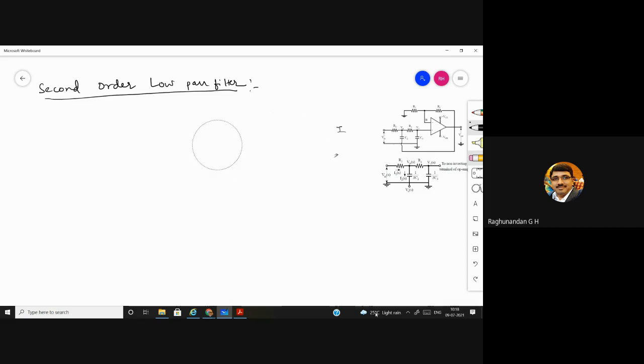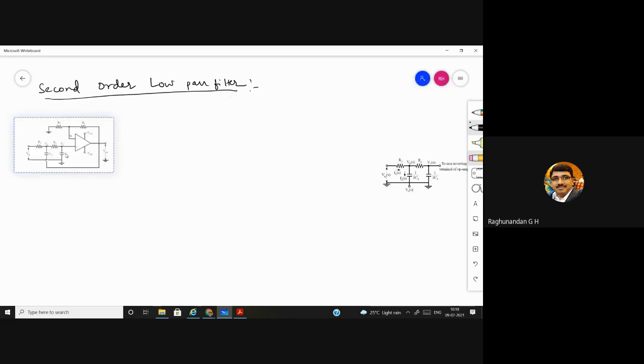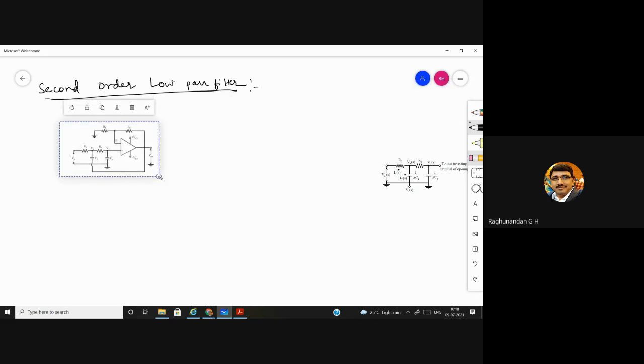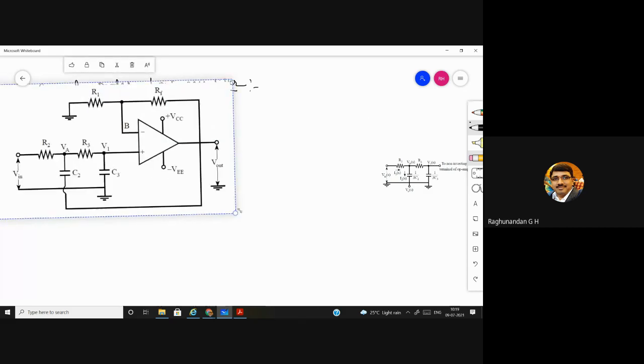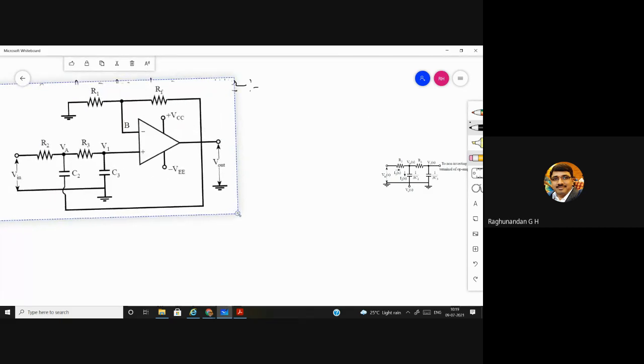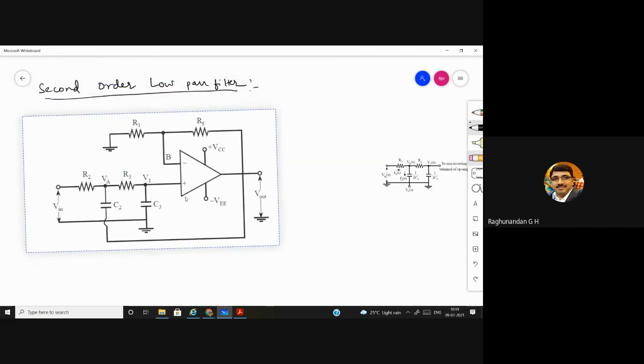So that is the main intention. There is nothing much difference here. The only change is instead of having one RC, we are going to have two RC. Same circuit, whatever we have discussed, the same circuit we are going to have.